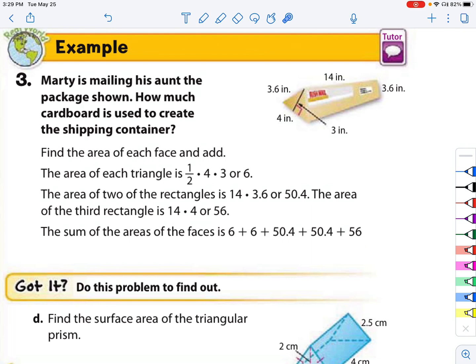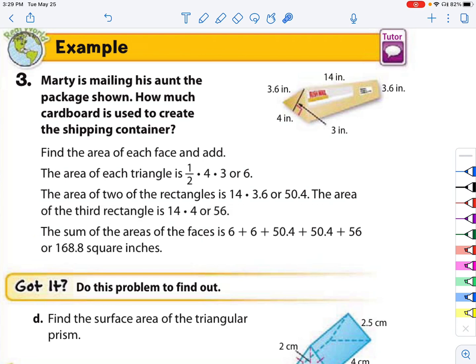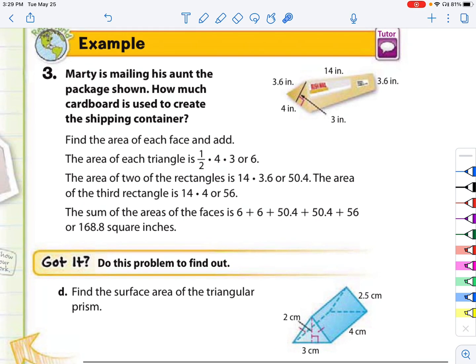Remember, it's not an even rectangle, so you need to consider that as well. So after adding all of them, the area is 168.8 square inches.